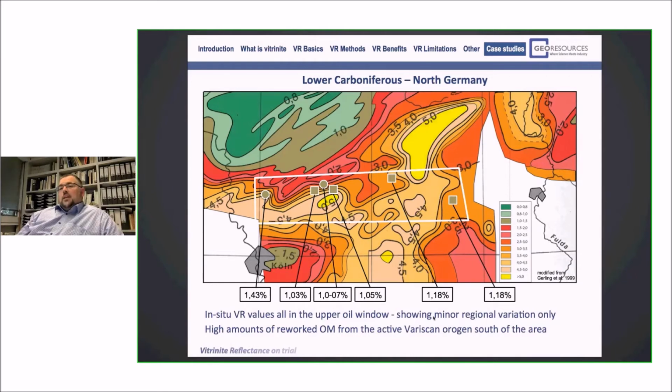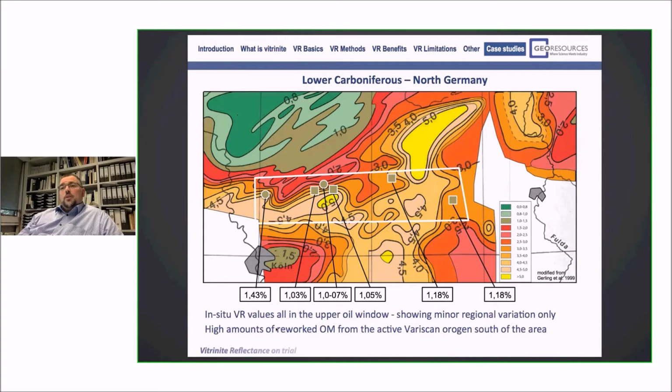This makes a major change to the interpretation of the maturation of this basin, and of course to the evaluation and the potential for shale gas in this area. If we are only in the upper oil to mixed zone, then there is no potential for shale gas, and then there is no reason to hold this license any longer.